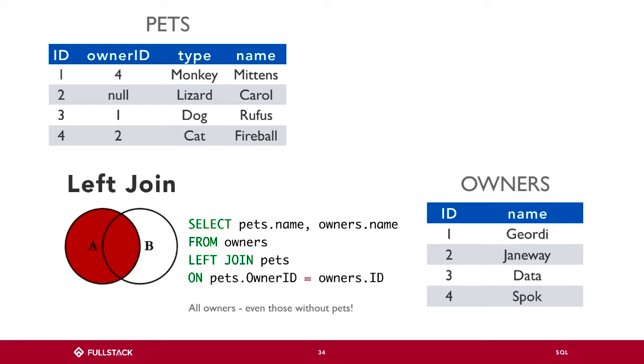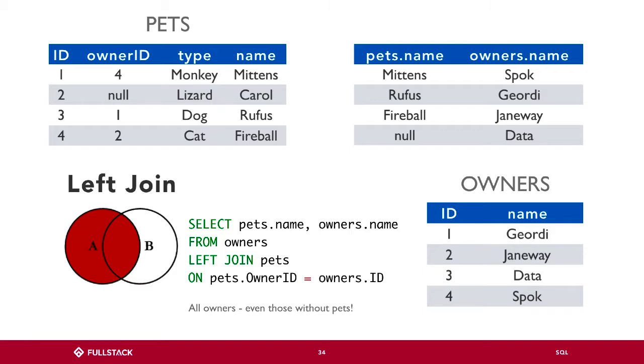So here's an example of doing that. If we make this call, we're selecting from our pets and our owners, and because we're doing a left join, we're saying that even if we don't have a match for the pet, we want to get this owner.